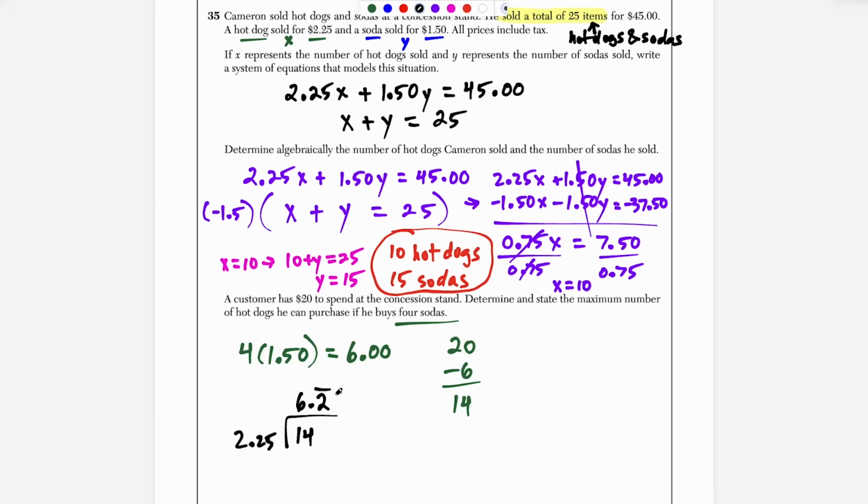But let's see here. You can't go to a hot dog stand and buy a fraction or a part of a hot dog. Okay, that's not how hot dog stands work. So the maximum number that this customer can purchase is going to be 6 hot dogs. Okay, so we're going to say 6 hot dogs. This is the maximum amount that this customer could purchase.